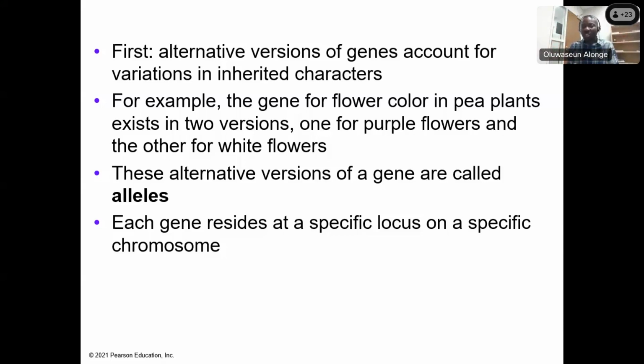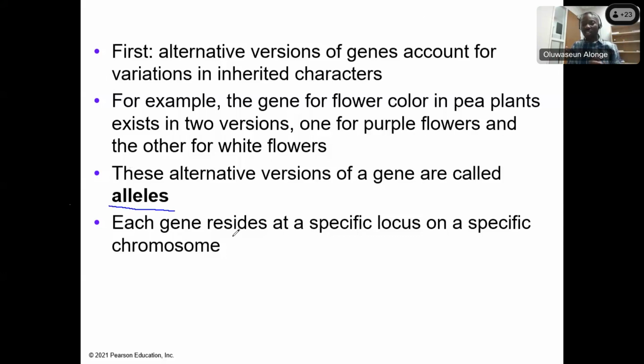That's part of the reason for differences in us when you are born. You have 4 children from the same parents, let's say all of them are males and none of them look alike. It's because there is variation. Now, these alternative versions of genes, we call alleles.